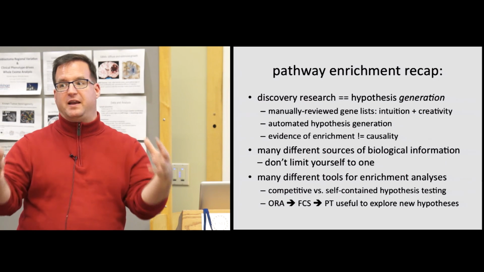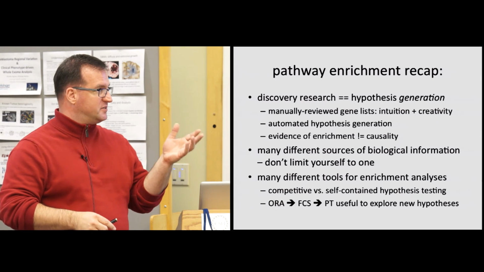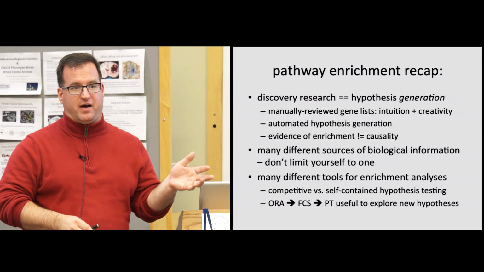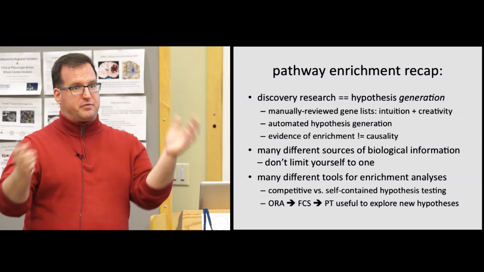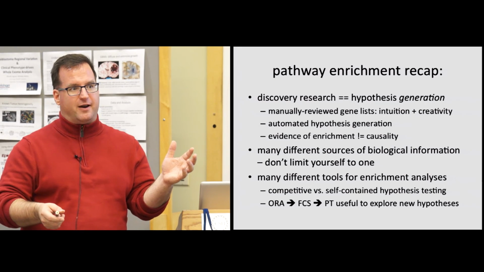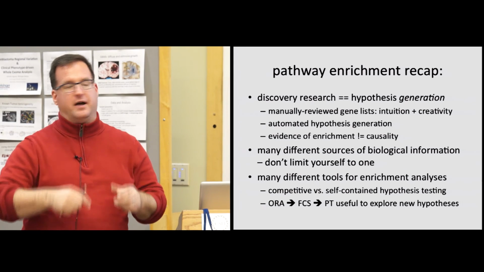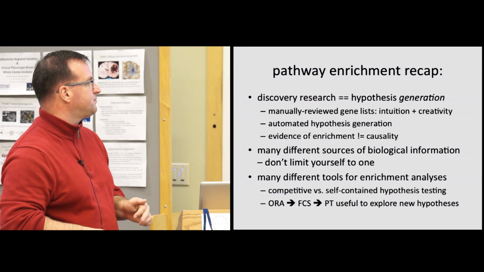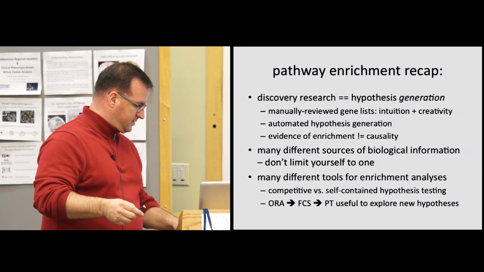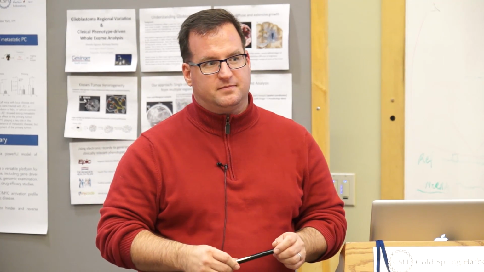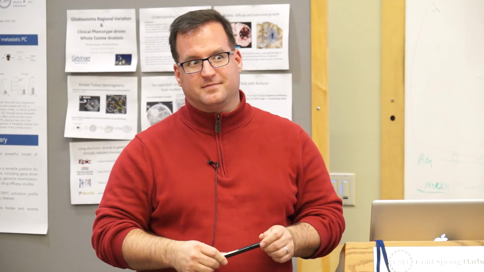You may get too many results. One of the things that happens with GSEA is instead of getting 5 or 6 pathways, you might get 300 pathways that are significant. And now you have to think about how those are working. Okay? Questions? Great.